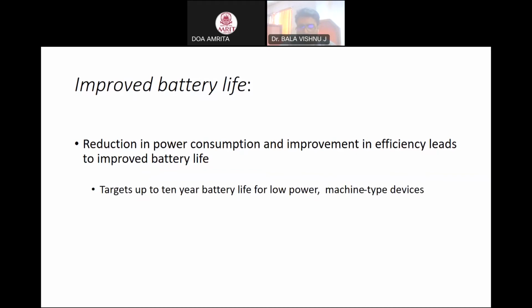With machine to machine communication and device to device communication, it consumes more power. So we are going to deal with this.